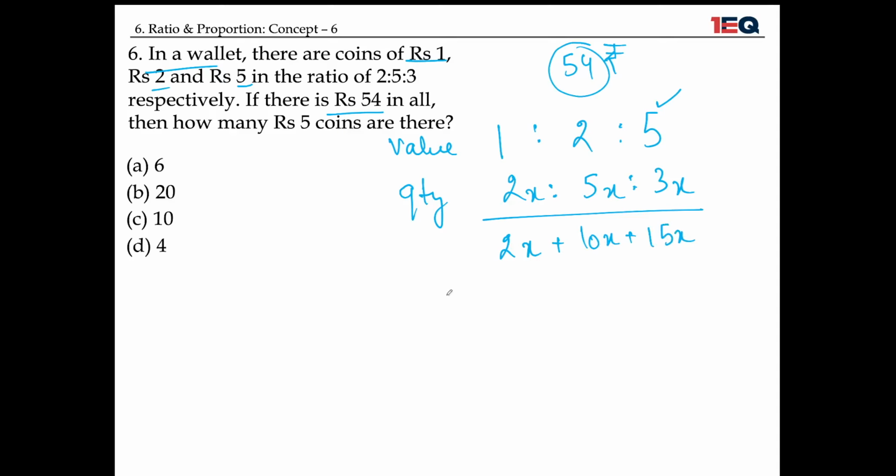This total comes out to be 27x, and the value of 27x is equal to 54, and the value of x is again 2. And the question is about 5 rupee coins. 5 rupee coins are in the proportion of 3x, which is equal to 6 here. Okay. So there were 6 5 rupee coins. Again, it has been established that we are doing fine. Moving ahead.